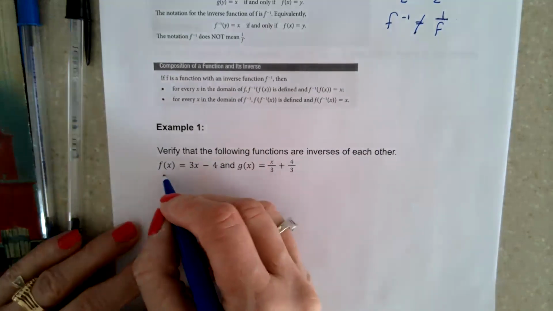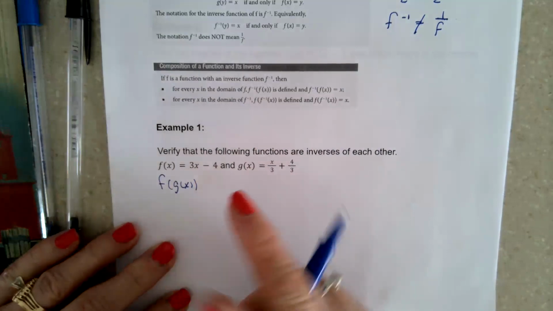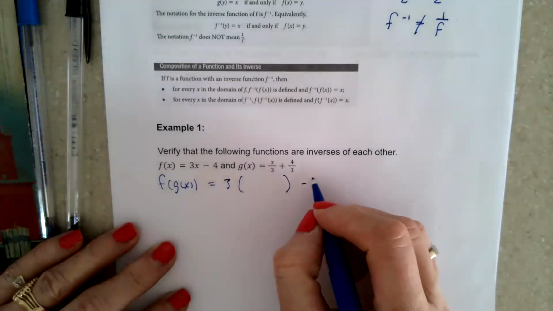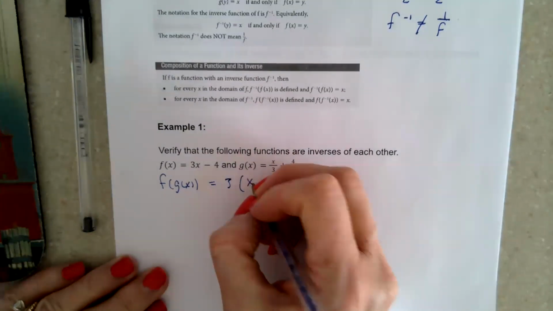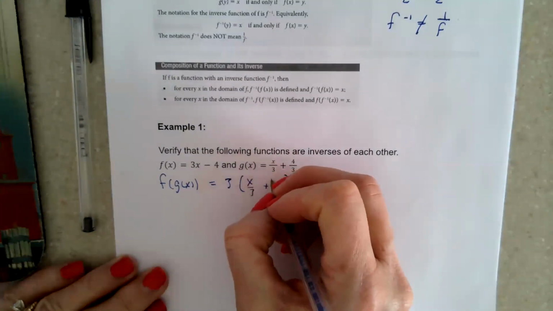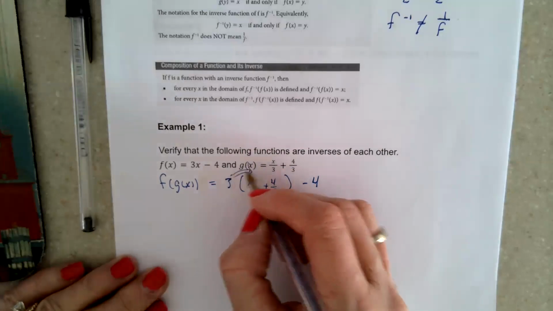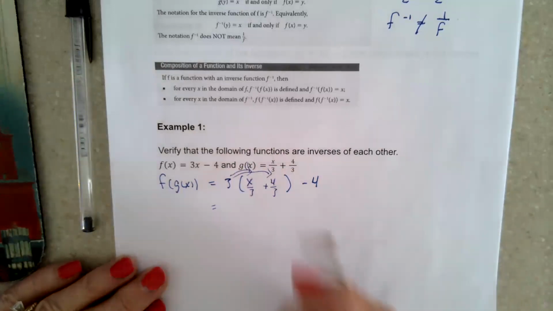So if we compose f with g, we're going to take 3 times something minus 4, and we're going to put the g function in here. And you're going to have to show this in your homework. You need to show where you're distributing this through. You can't just say, yep, it works.